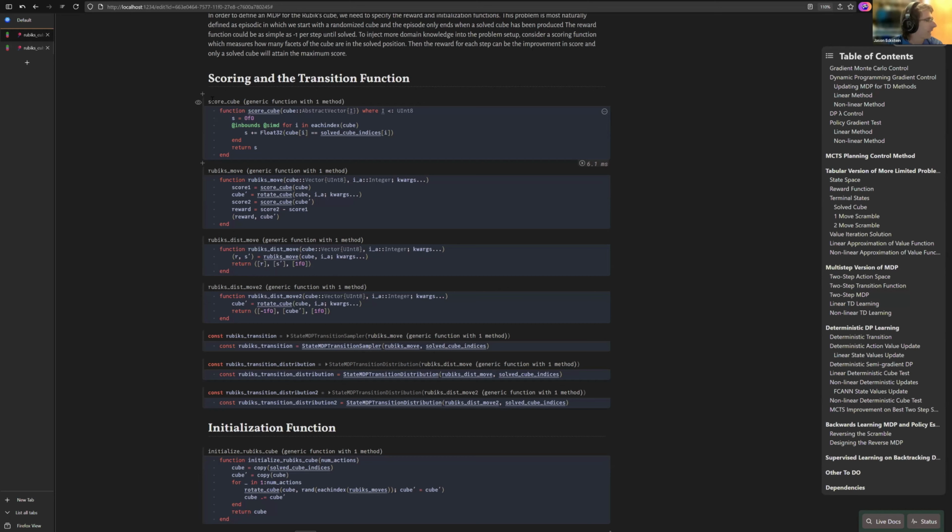But actually, another maze analogy to this is if you think about having a very large maze, and let's say you could actually measure your distance to the exit, like if you just drew a straight line, you could imagine that there are states that could be right by the exit, but actually the furthest away from the exit in terms of traversing the maze.